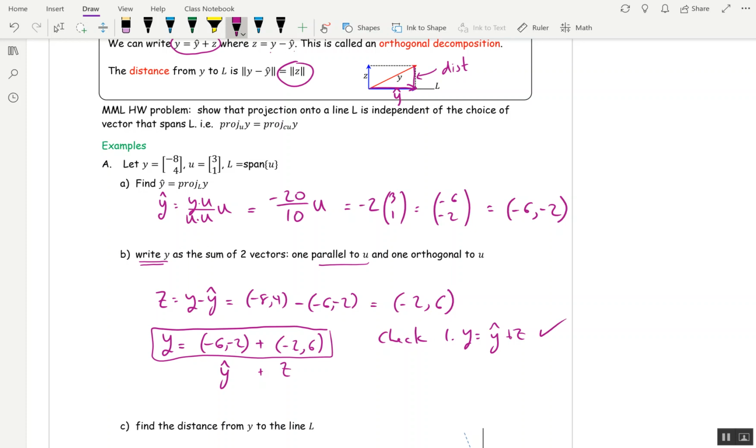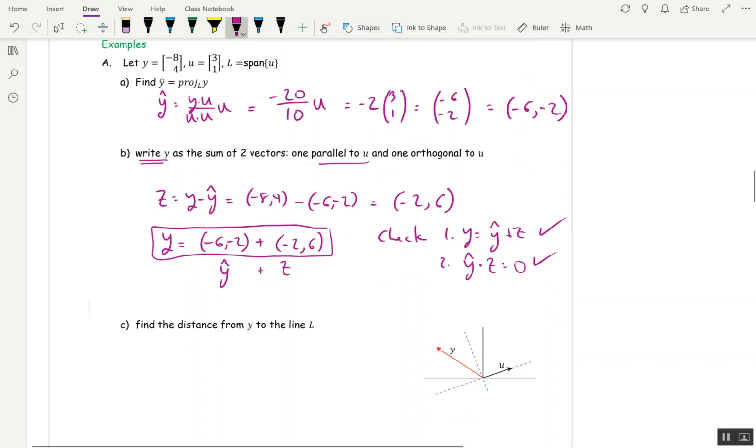They're orthogonal vectors. So we want to check, is y hat dot z 0? And so we go over here, we get 12, minus 12 is 0, check. Orthogonal decomposition is unique, and so we've done it correctly, because if those two things are satisfied, that's the orthogonal decomposition. All right, and so I have a picture here of what's going on.